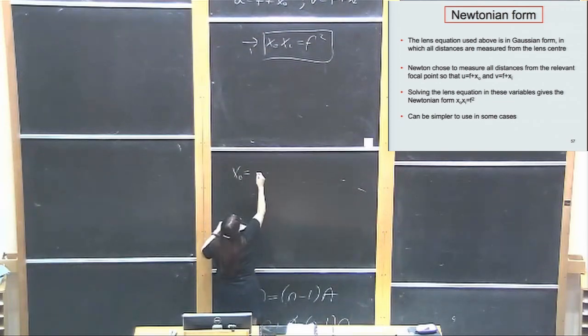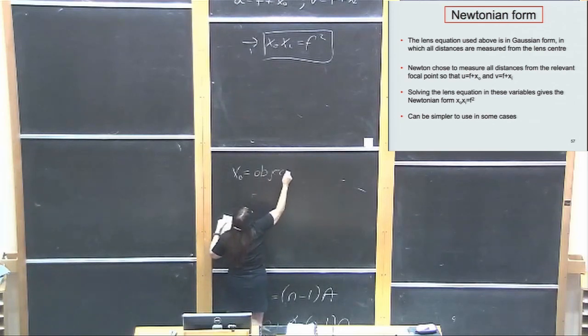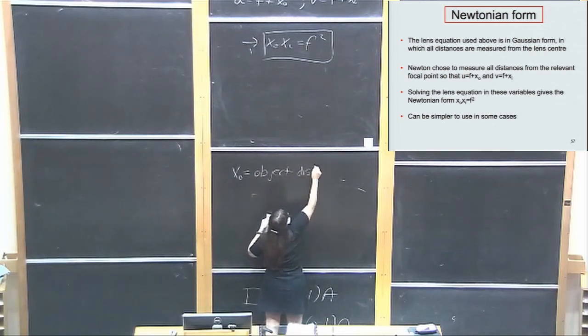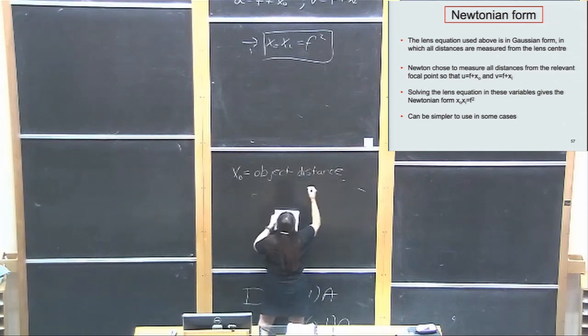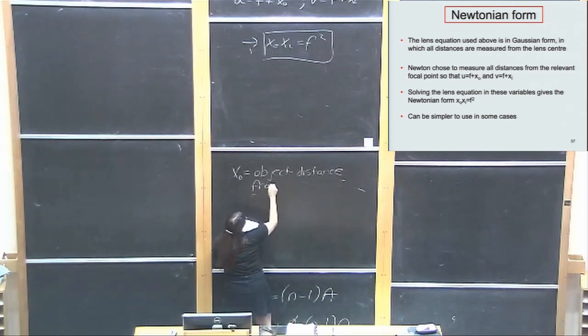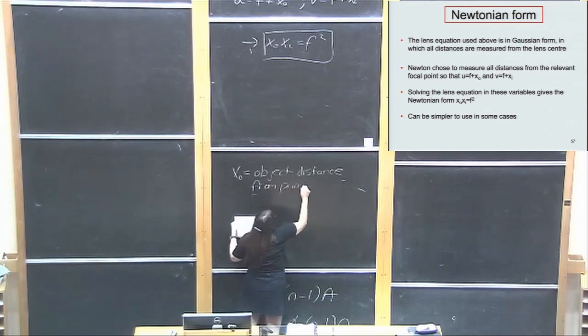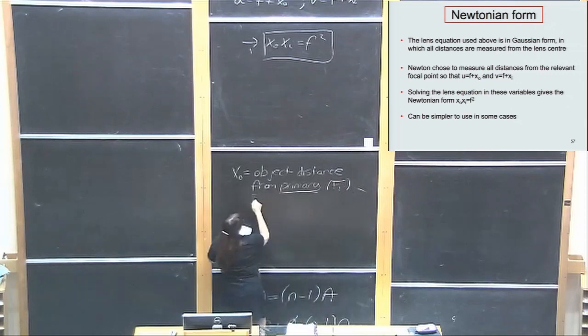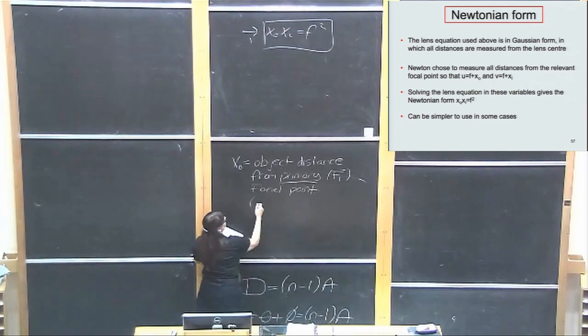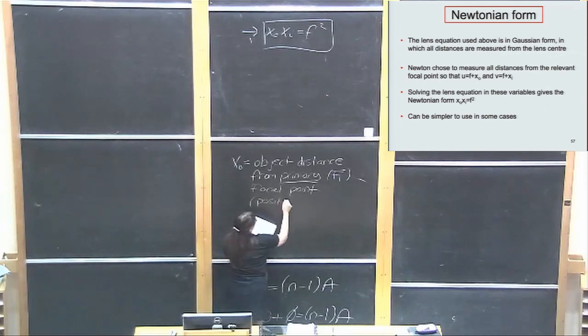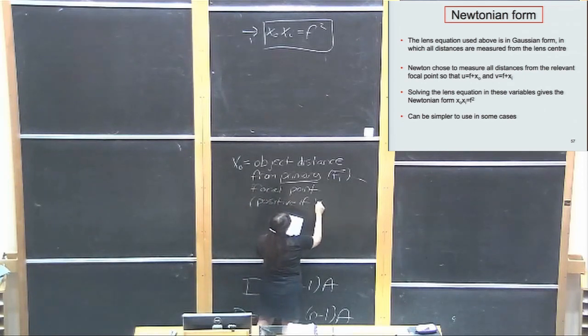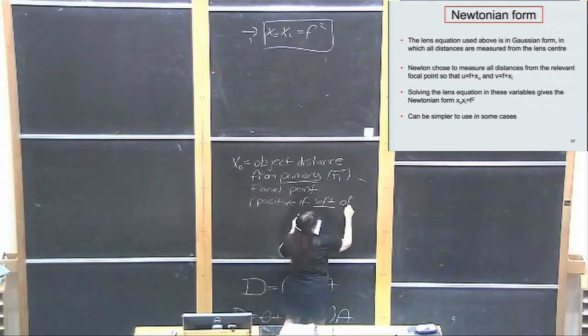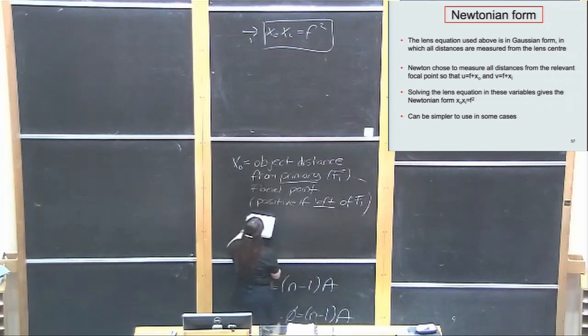Okay, so x0, define this as the object distance from the primary F1 focal point, which is why I labelled F1 and F2 there. Furthermore, it is going to be positive if left of F1.